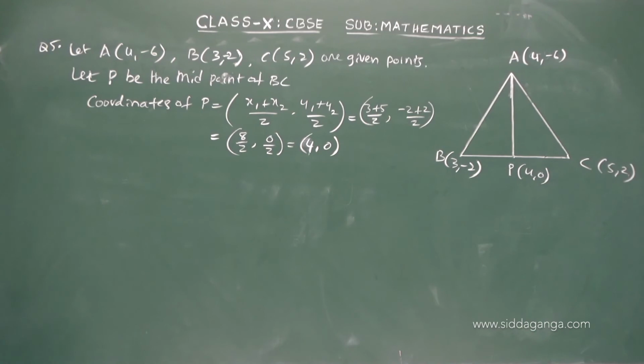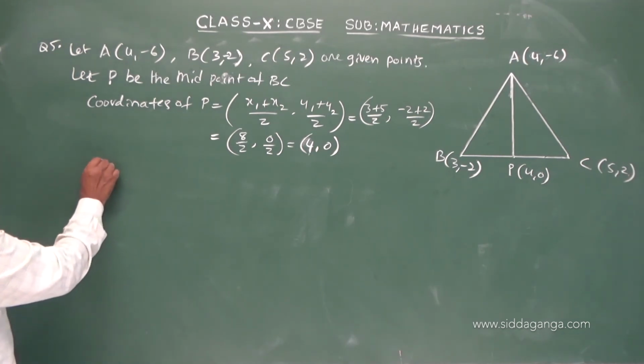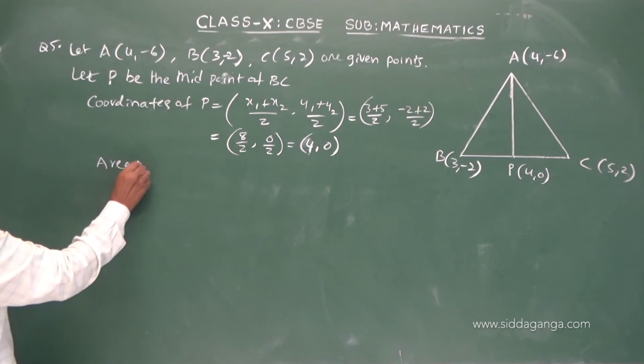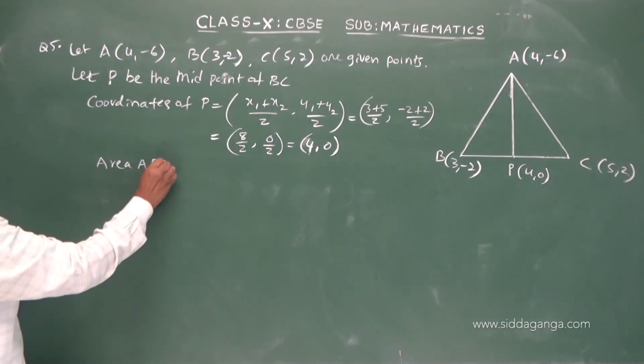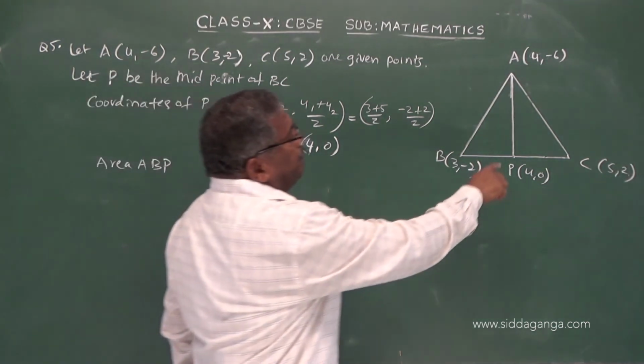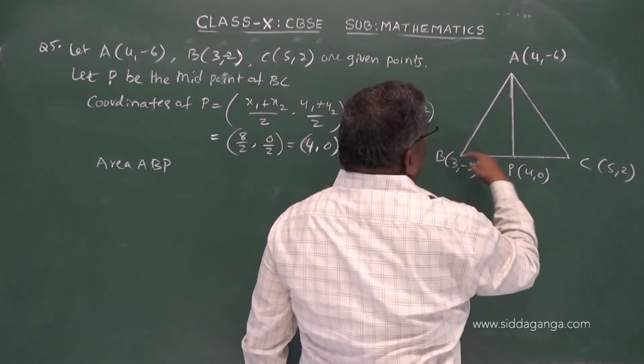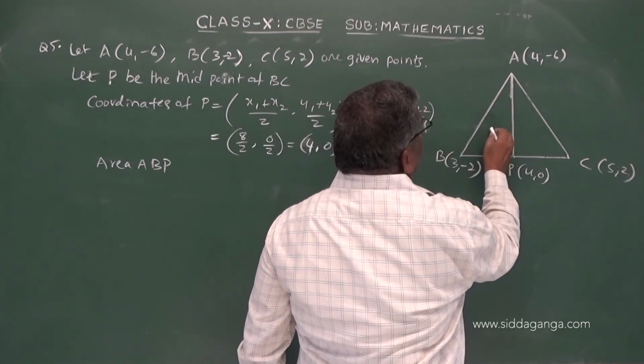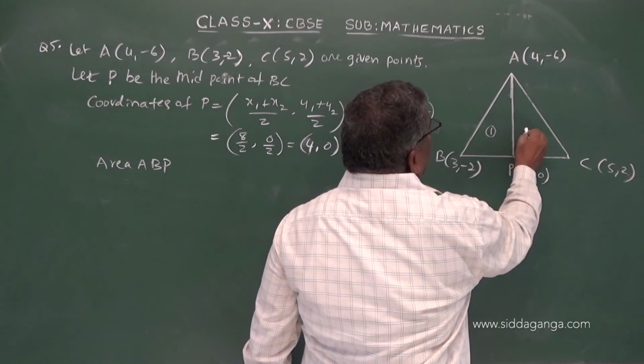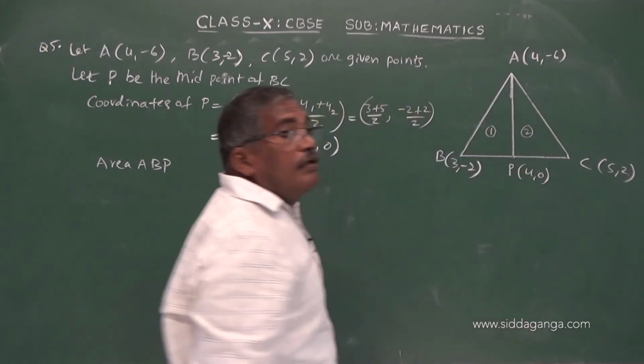So now I am finding the area of ABP, the first triangle, and this is the second triangle.